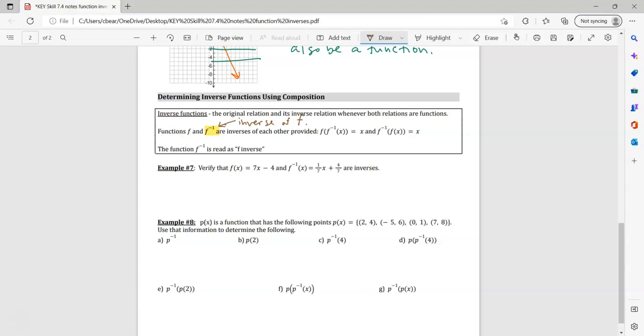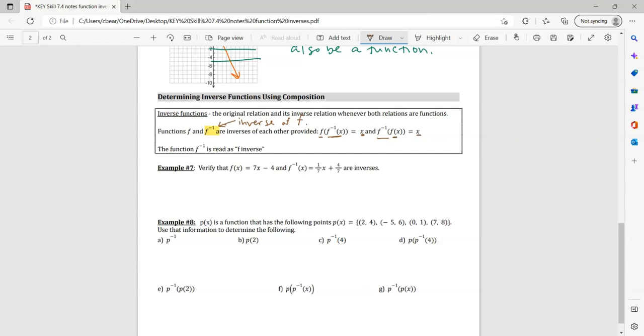It does not mean f to the power of -1. I know it looks like that, but it means inverse of f. And if you compose the function with its inverse, you should get x. And if you take the inverse function and compose it with f, you should get x.